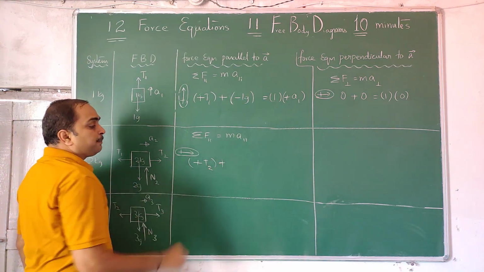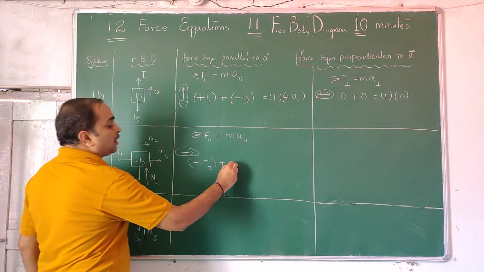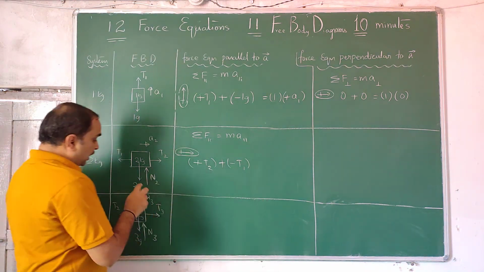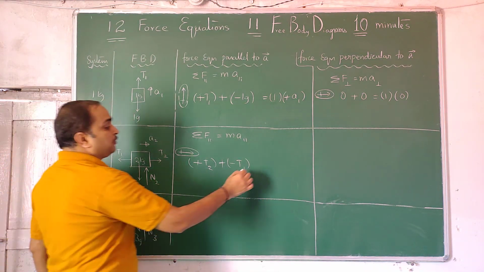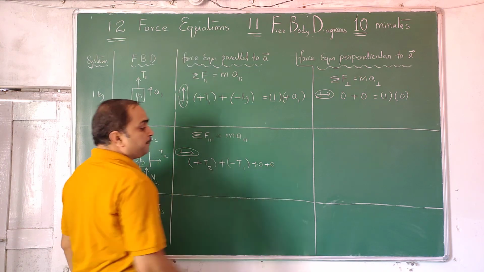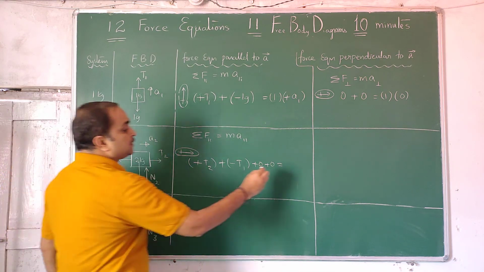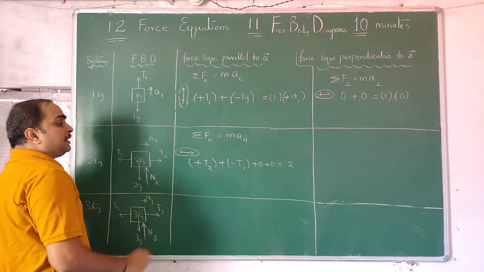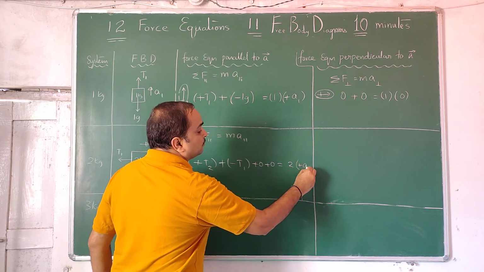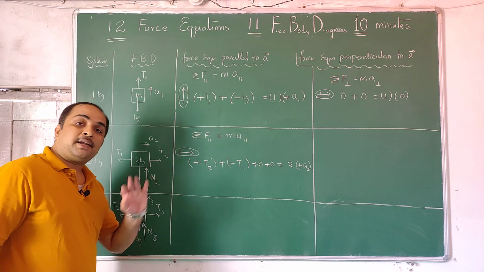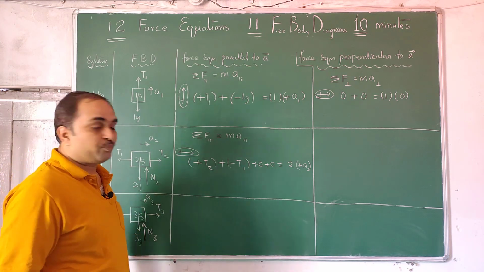Sigma says add, minus T1 because it is opposite. The other two forces are perpendicular, so they have 0 component. 0 plus 0 is equal to the mass of the system, 2 kg. Acceleration has a direction, plus a2. Solving the equation is a separate case. Writing the equation is what we are learning.